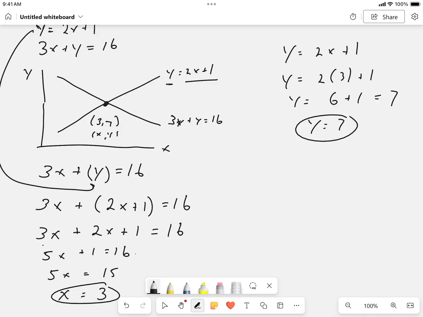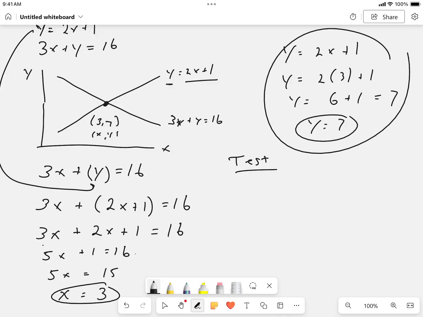So that's the answer to the problem. That's the solution to both equations. If I put in 3 for x and 7 for y, the two equations are going to work out. Now, it's just a good idea, because we have come up with the answer, to know absolutely for sure this answer is correct by testing it. We just put it into the first equation, and that worked out.